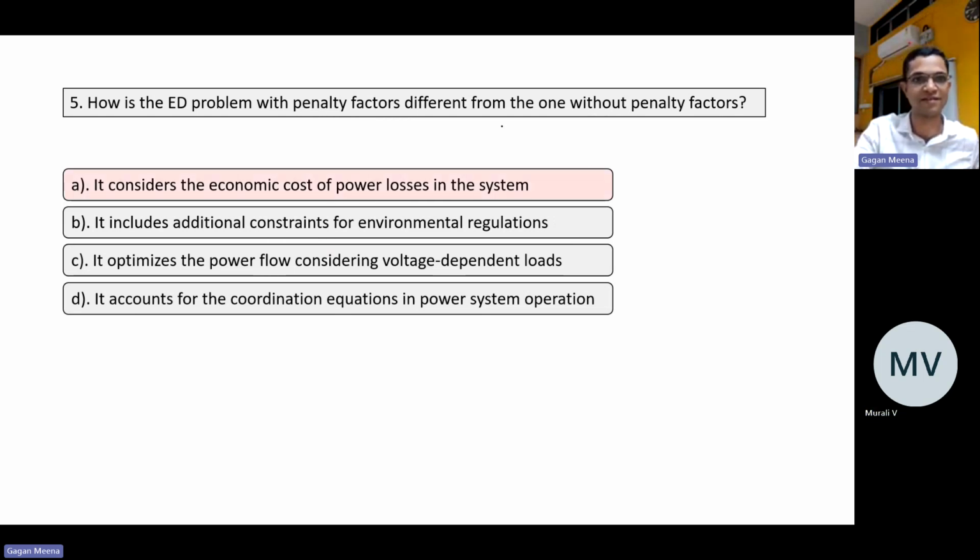Yes, this is correct, because the coordination equation is there in ED without losses and with losses. The exact coordination equation is what we call with penalty factor. The other options, such as the additional constraint for environmental regulation, are not at all correct. So D is not a correct option.